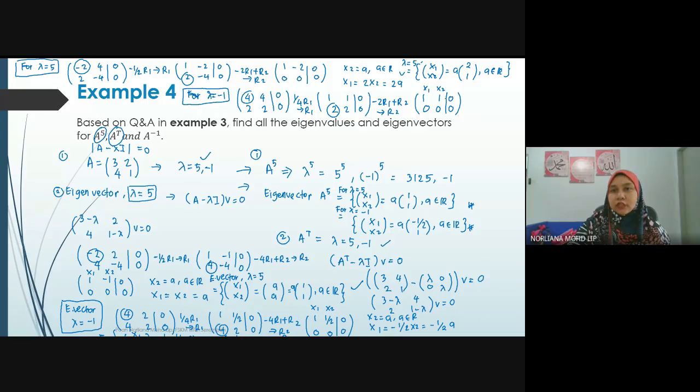So the x2 is a free variable. x2 equal to a. x1 equal to negative x2 equal to negative a lah.